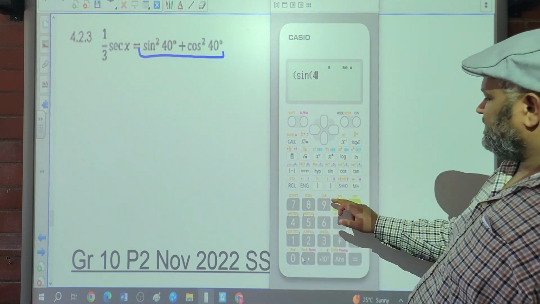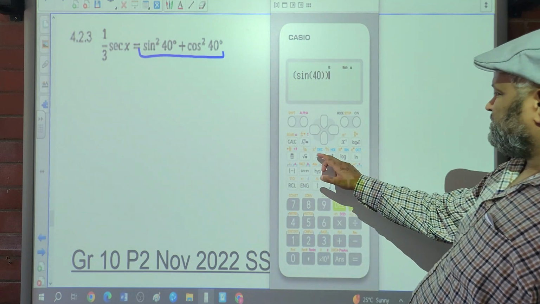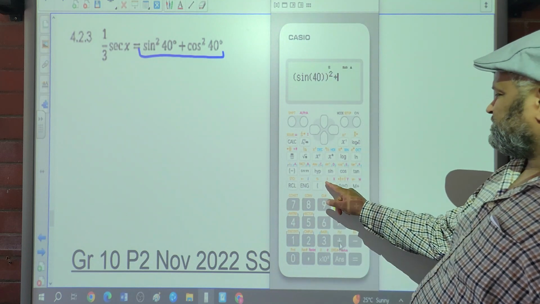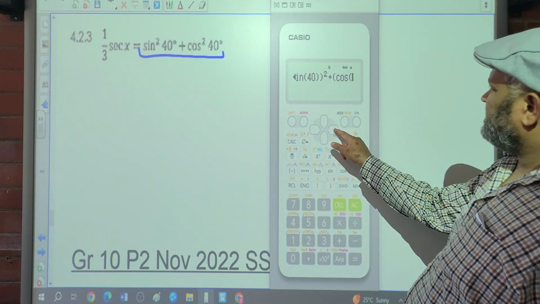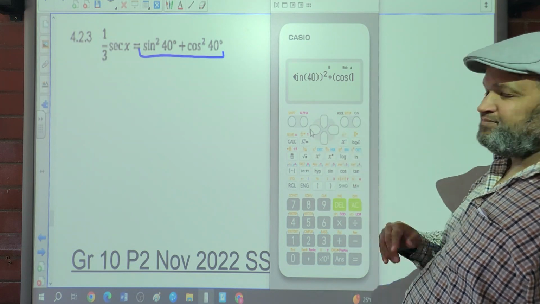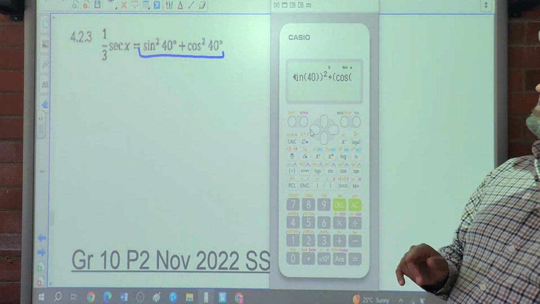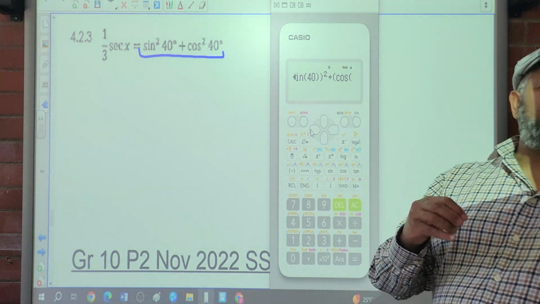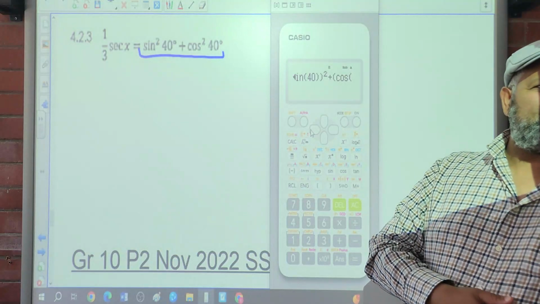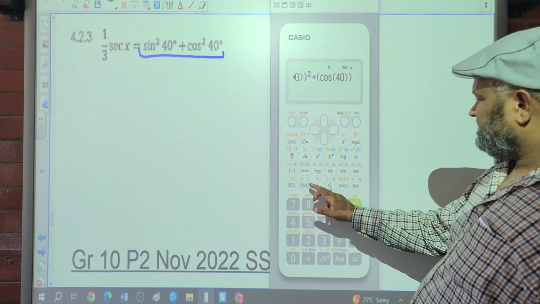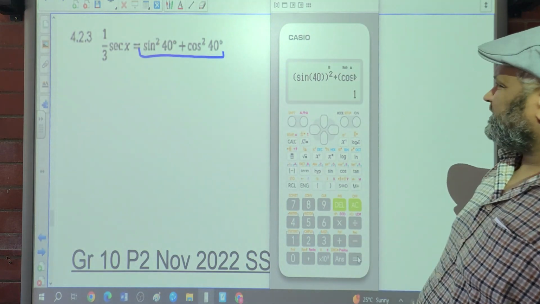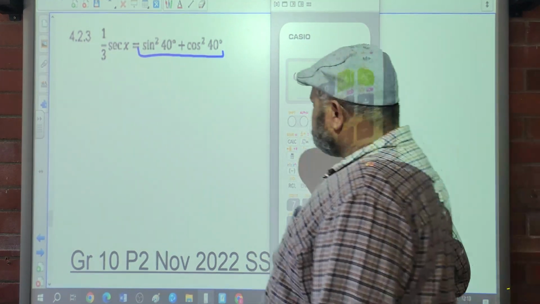Sine 40 squared plus cos 40 squared. Now for those of you, we spoke about this when we did our chapter of this, okay? We know that sine squared theta plus cos squared theta is 1. Did I mention that before? Okay. So if you forgot it, no problem. You can work it out, gives you an answer of 1.